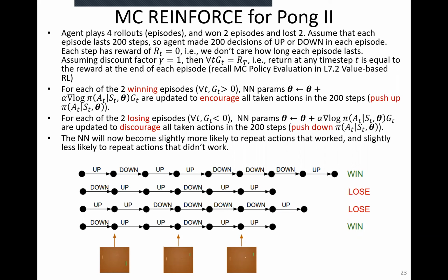And for simplicity, we assume the discount factor gamma is 1. So therefore, for all times, the return is just equal to the final reward, the win or lose result. So the return at any time step t is equal to the reward at the end of each episode, because of these 2 conditions: R_t is 0 and gamma equals 1.